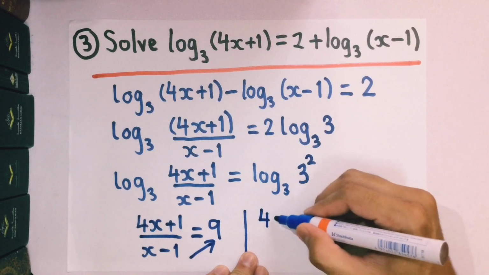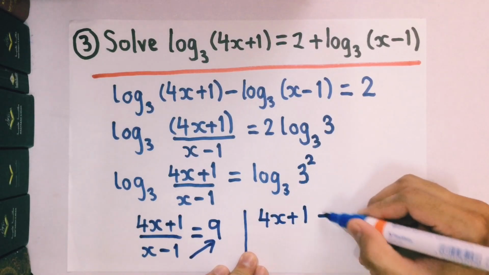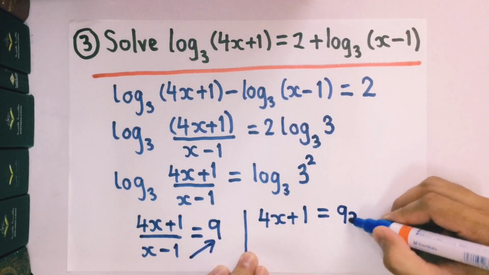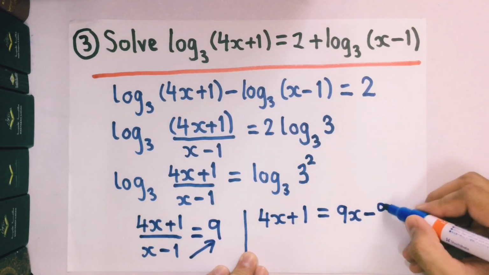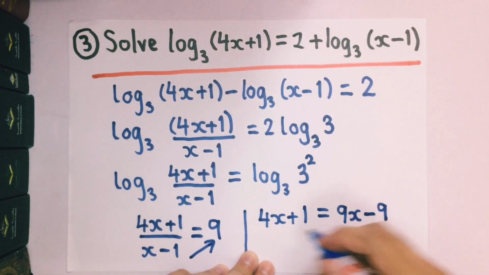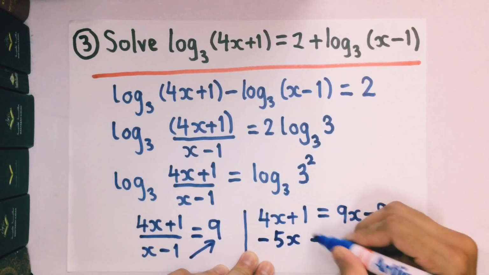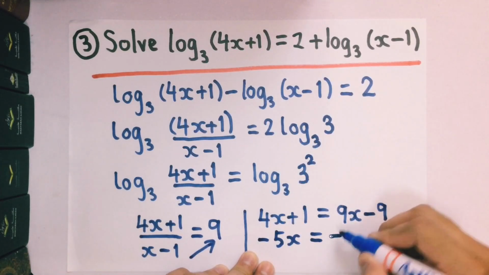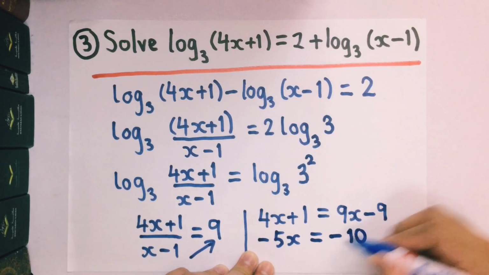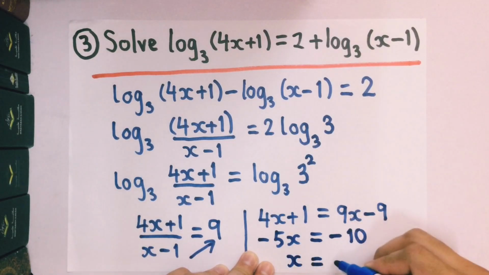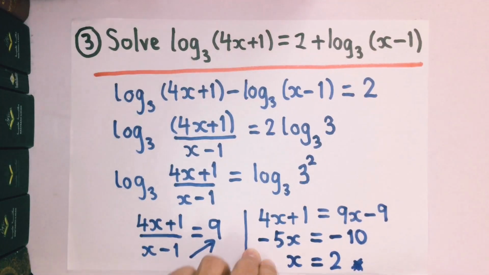So I have x plus 1 equals 9 times x is 9x, 9 times negative 1 is negative 9. So I'm going to bring this over. x minus 9x is negative 8x equals, bring over, negative 1 minus 9 is negative 10. So the answer will be x equals 2. This is the final answer.